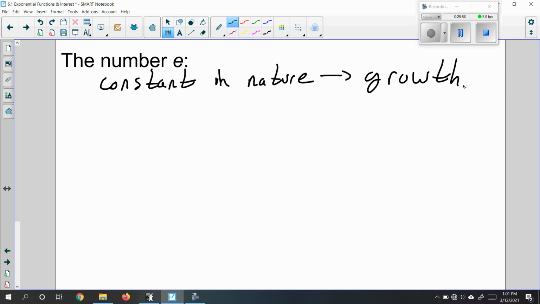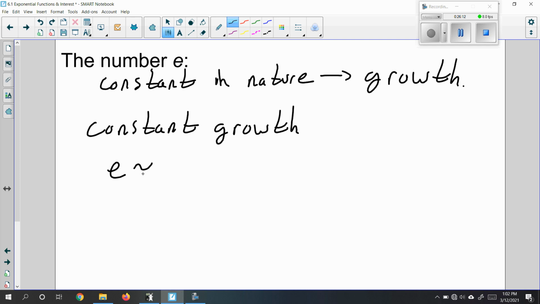Now, I'm not going to spend a lot of time talking about where the number E comes from, but it represents constant growth. And E is approximately equal to 2.71828, etc. This is a decimal that goes on forever. E is an irrational number.